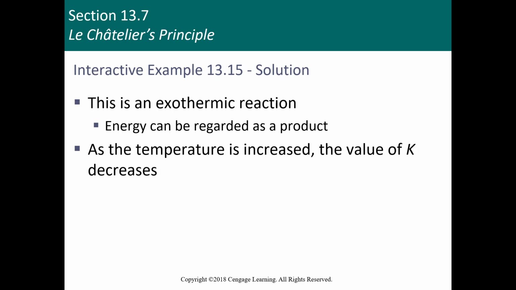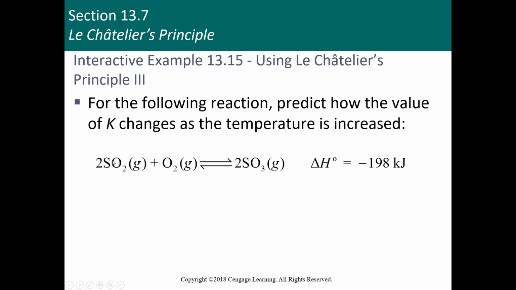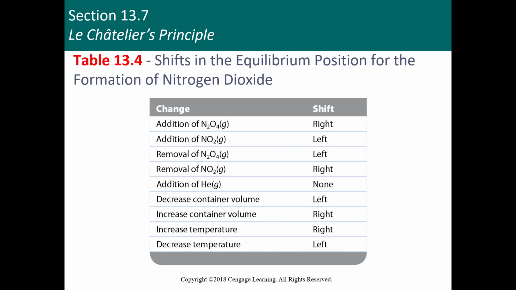Again, energy is a product. When you increase the temperature, you will shift towards reactants. Remember, products are on top, reactants are on bottom for K. So you're making a smaller number on top and a larger number on bottom, and that would give you a smaller K. And so the equilibrium shifts to the left, of course, and there you go.